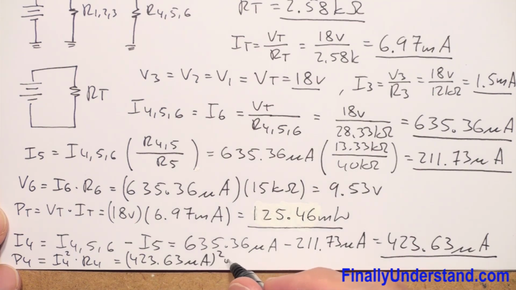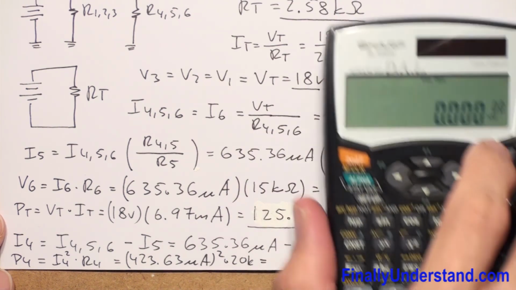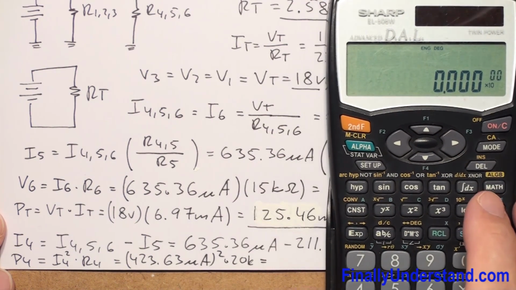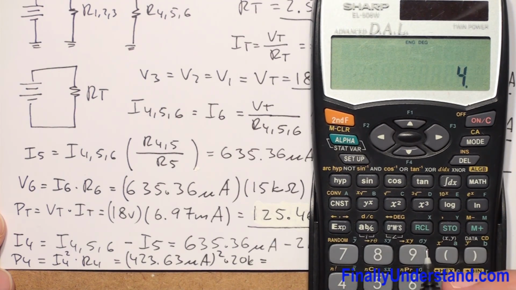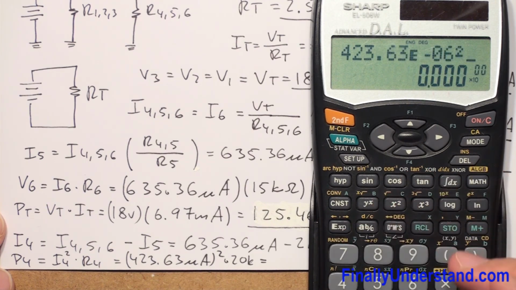R4 is equal to 20K. So we have 423.63 exponent negative 6 to the second power times 20 exponent 3.